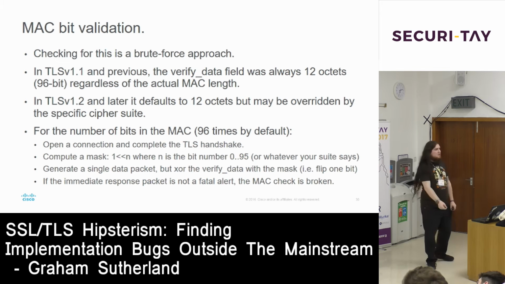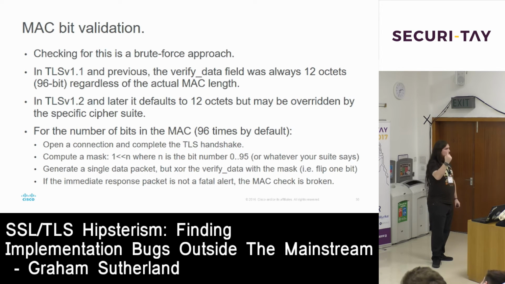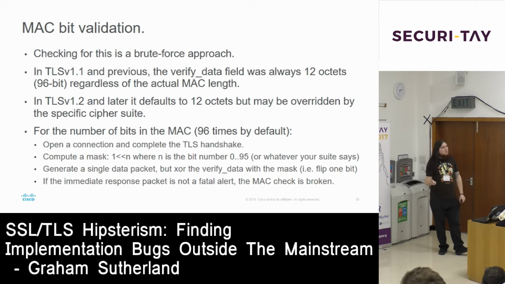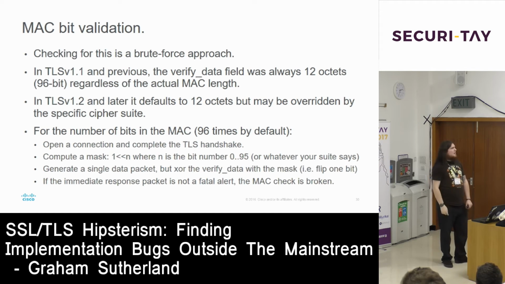So of course what you've done is you've caused that 1 bit to no longer be correct. So the rest of the bits of that verified data are correct, that 1 bit is incorrect. And if the immediate response back is not a fatal alert, then you know that the MAC checking on the server side is broken, because you know that you forged that 1 bit and it still said, oh yeah, that's fine.